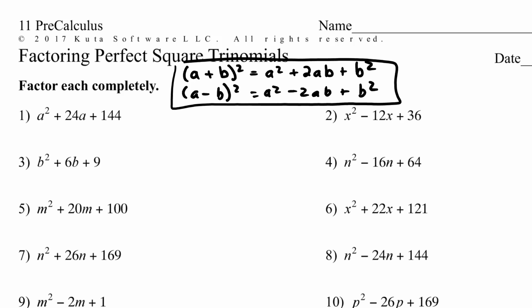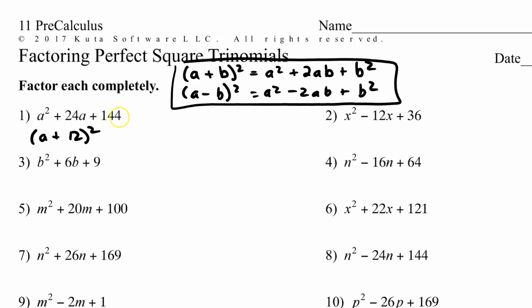So if I looked at this one right here, I know that that is going to factor to (a plus 12) squared. How do I know that? Well, because I'm matching the form here. A squared, 2ab, so 2 times a times b.